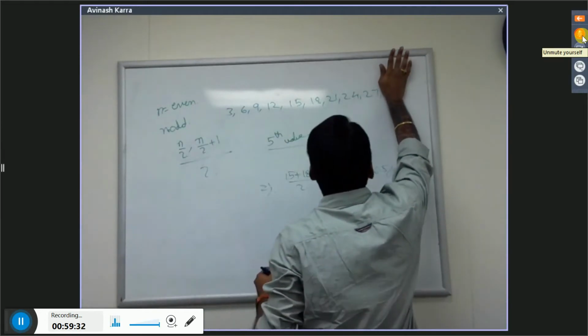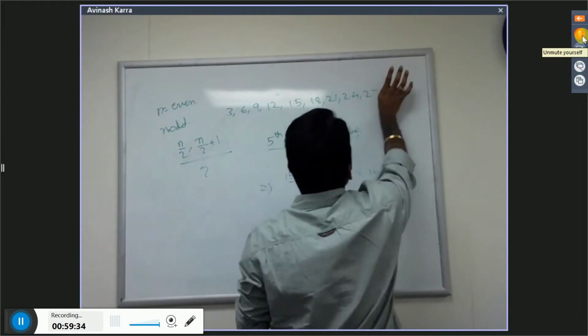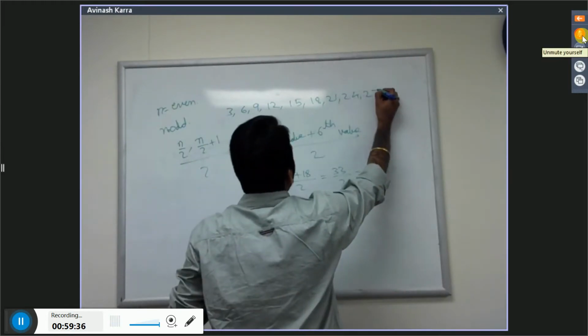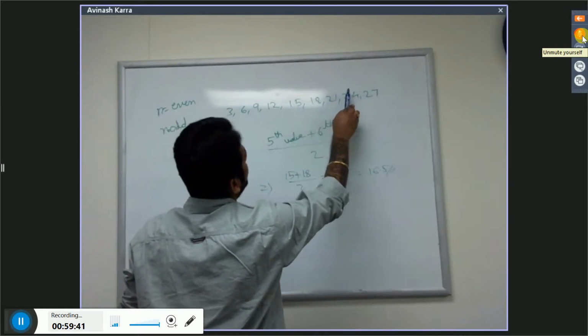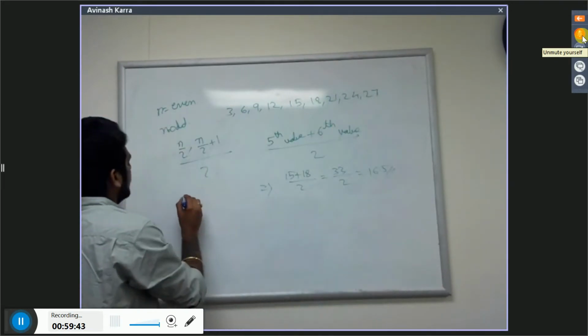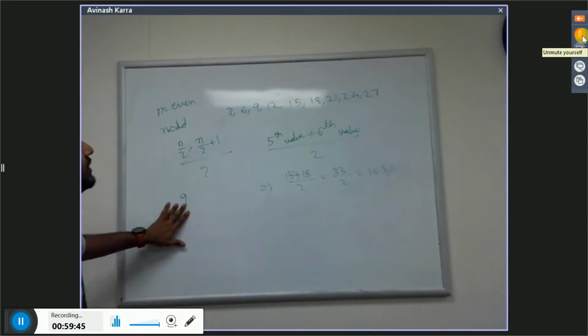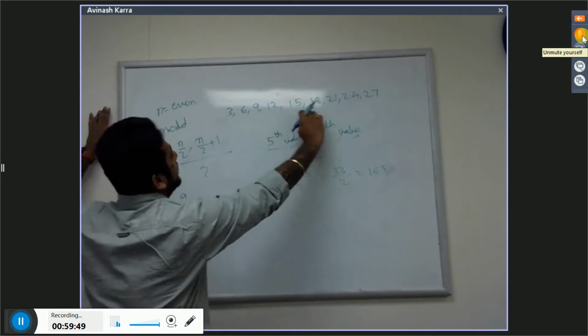Let us remove 30. Now n is odd, right? We have only 9 digits: 1, 2, 3, 4, 5, 6, 7, 8, 9. What is the middle number out of these 9?